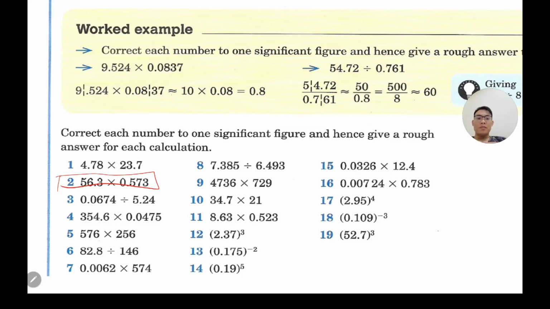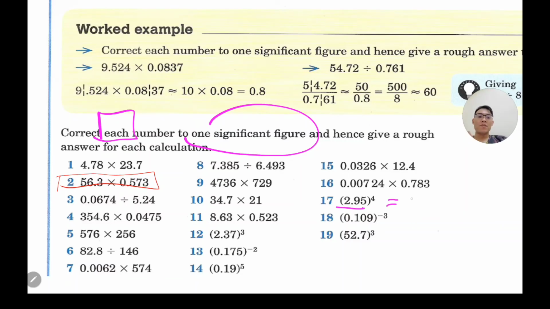Now, before we do that, we have to round off 2.95 to 1 significant figure because it has 3 significant figures, right? According to this one, correct each number. That means the given and the final answer to 1 significant figure.